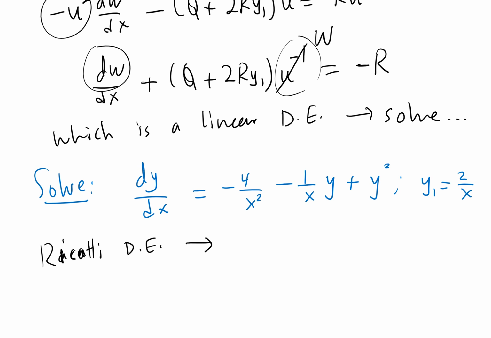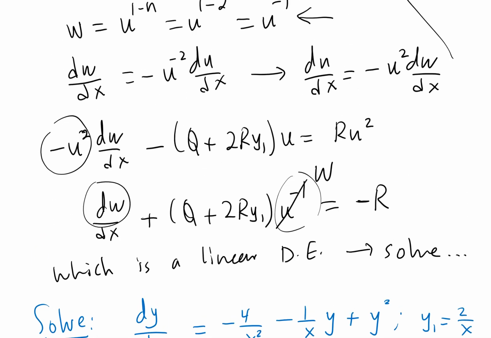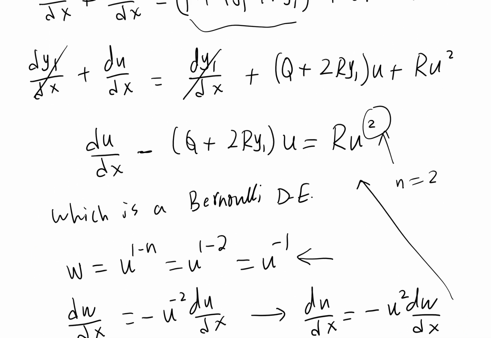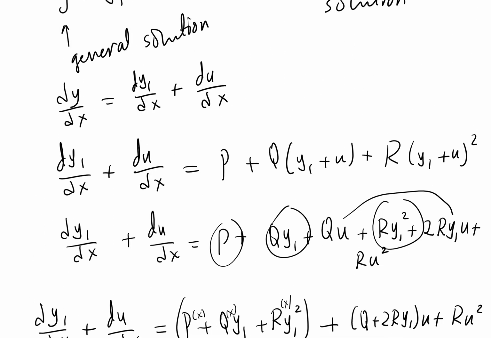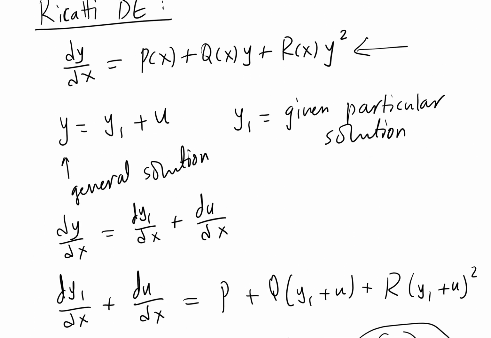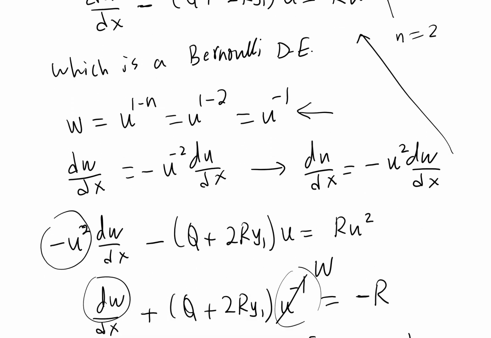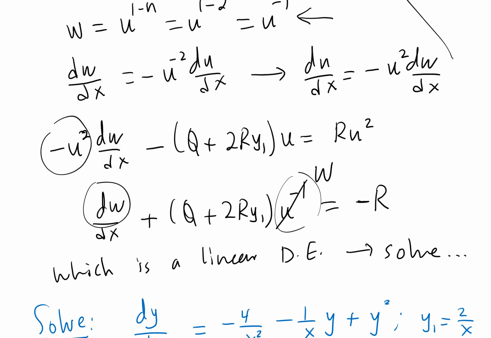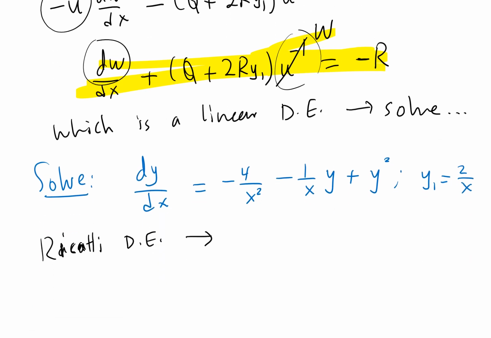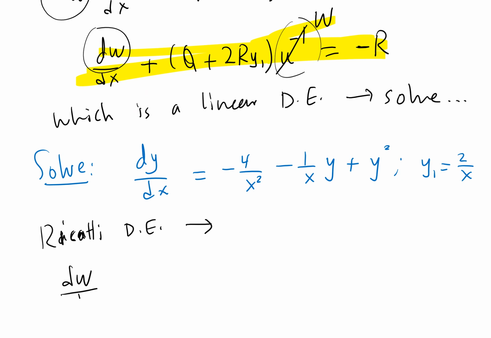So we proved earlier that the Riccati differential equation that I started with, this one, we were able to transform into an equation in this form that I'm going to highlight: dw/dx plus q plus 2r y1 times w equals negative r. Where is q here?